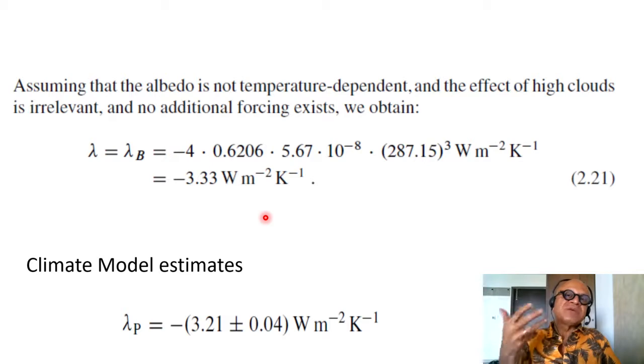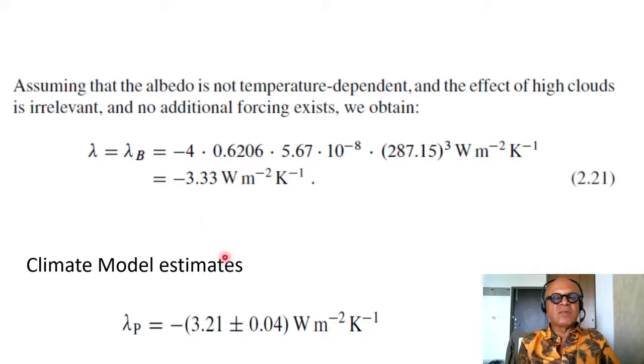The question is the time scale at which it works. We are increasing greenhouse gases at such a rapid rate that the long wave increase doesn't cool fast enough, so global warming happens. Climate models estimate the same feedback, which is also referred to as the Planck feedback, sigma T to the fourth, at minus 3.21 plus or minus 0.04 watts per meter square per Kelvin.